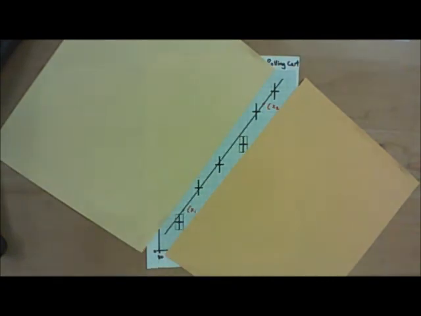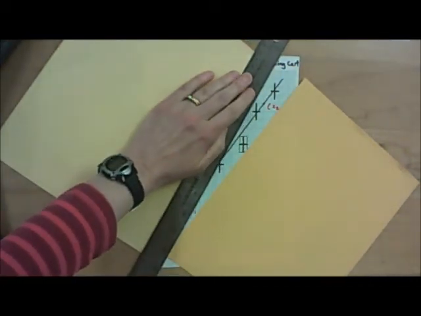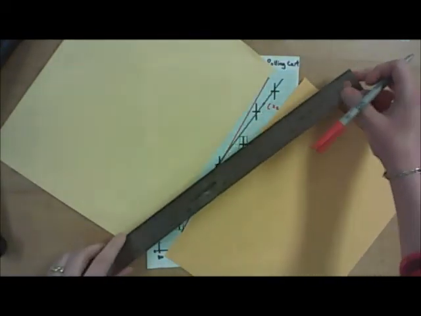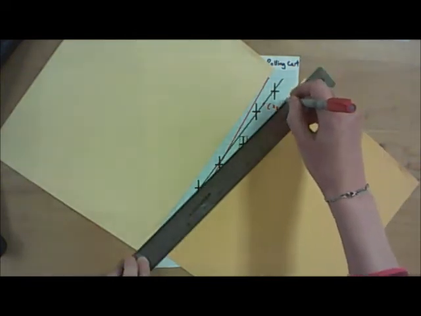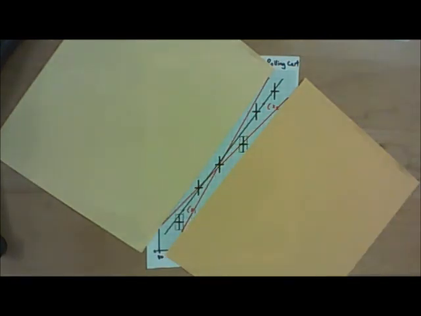You don't have to be super accurate about this because an uncertainty is an estimate. I'll go roughly from the top here to the bottom down here. And then from the bottom here over to the top on the other end. Now if you do this carefully, all three of your lines should actually pass through the same point. It's not a big deal though, because these two extra lines, the bounding lines, are just there to give you an estimate on what the uncertainty of the best fit line's slope is.